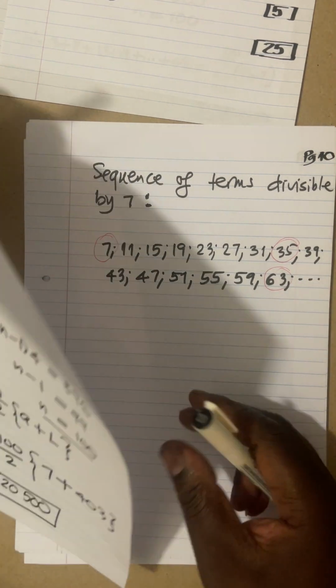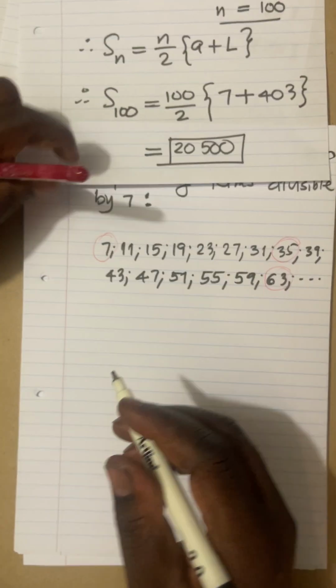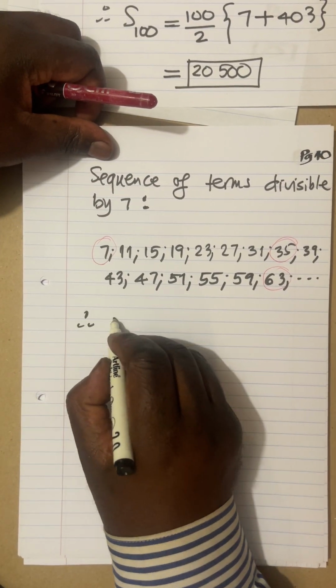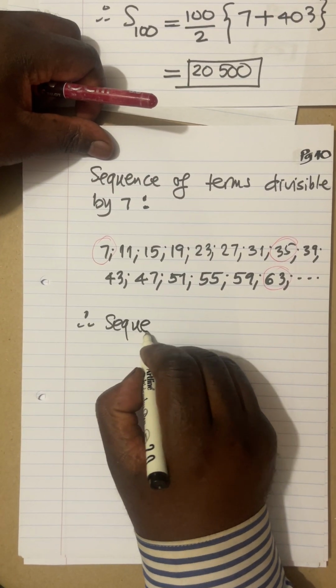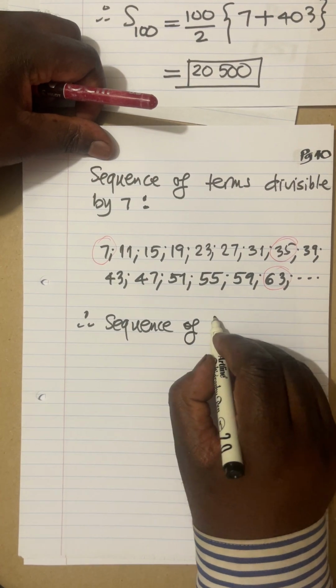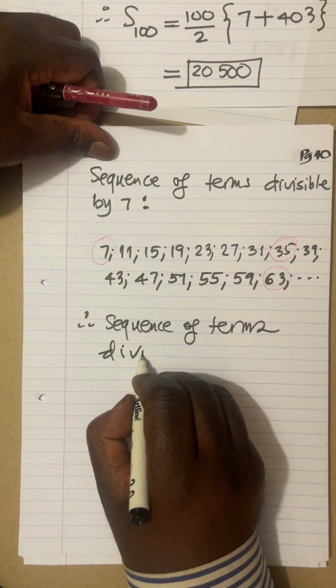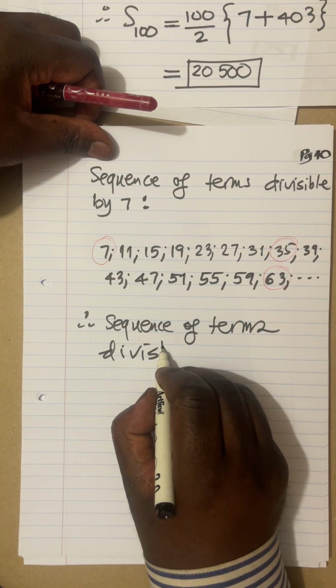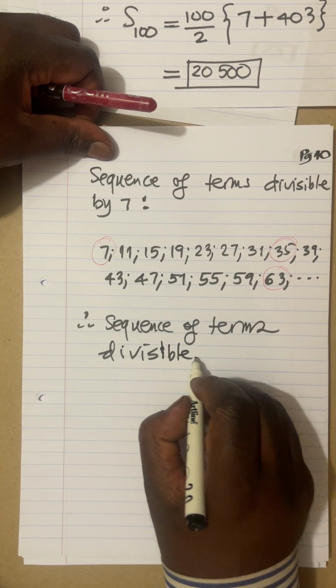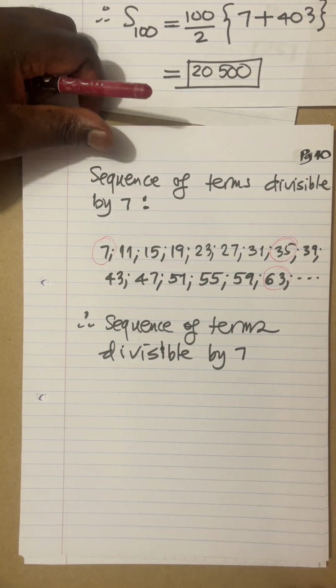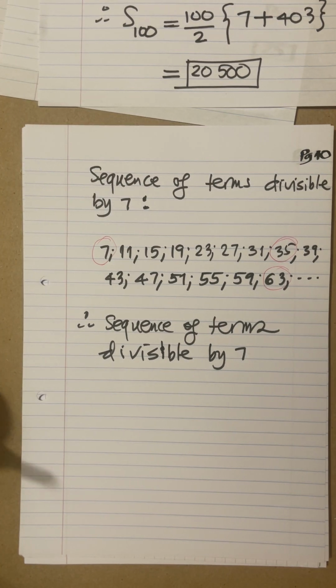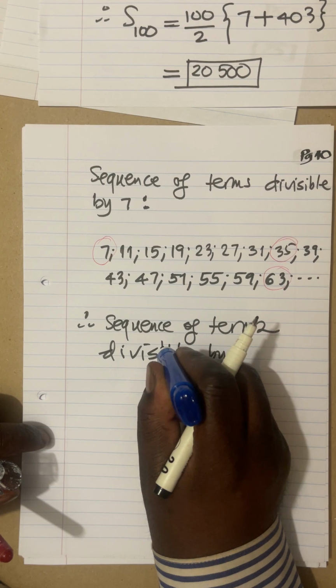So we are going to say, therefore, sequence of terms divisible by 7. Let me remove this part here. It doesn't look very nice.